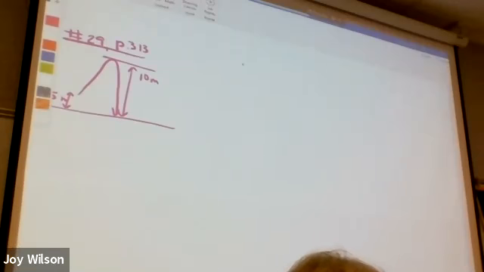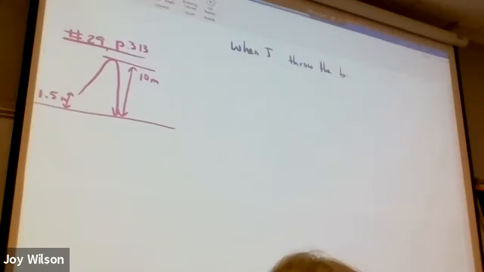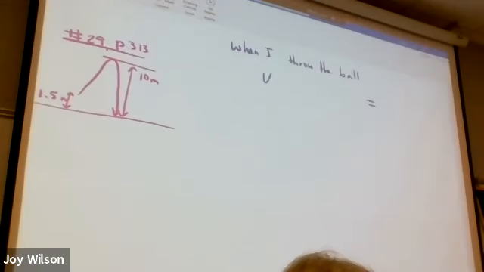When I launch the ball, what kind of energy do I have when I throw it up? Kinetic, because it's moving. Well, and potential too, because it's not on the ground. So I'm going to have an original potential energy from gravity and an original kinetic energy due to my speed of toss.